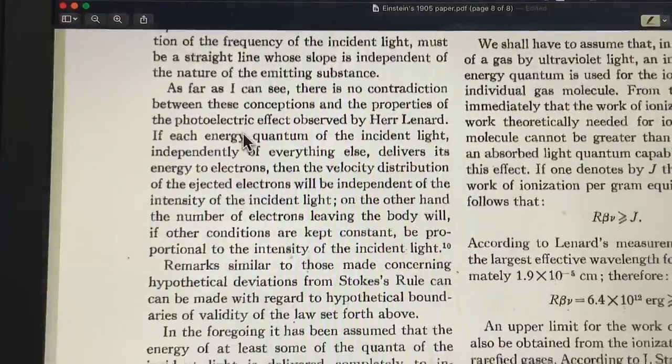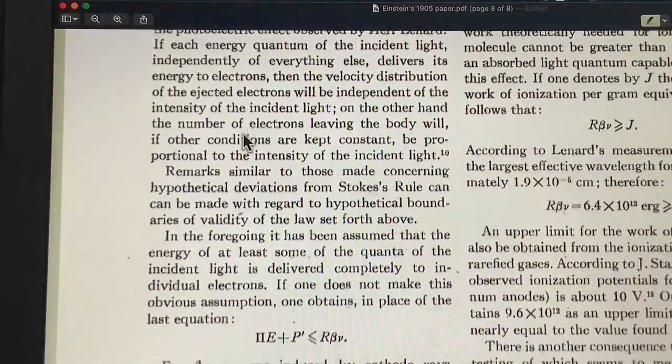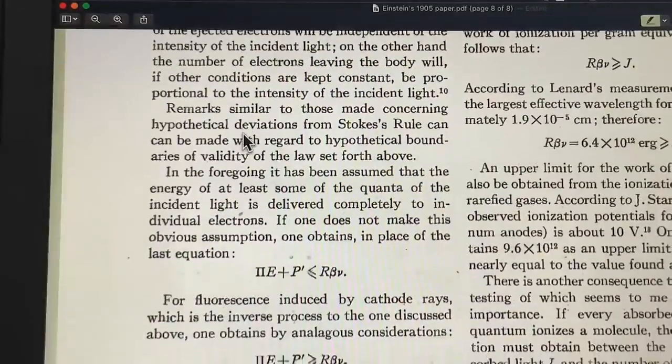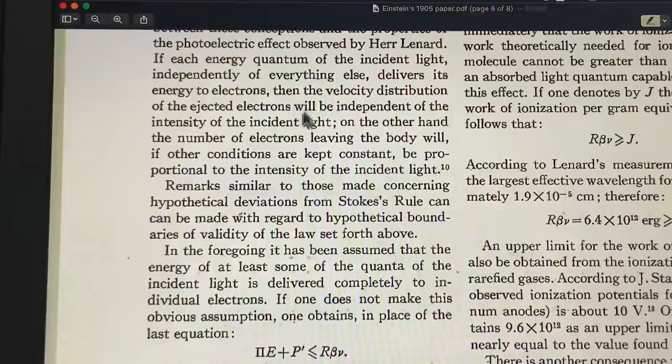Okay, so that's all. If the energy of the quantum is independent of all those things he says. And here he explains that this maximum kinetic energy is independent of intensity.